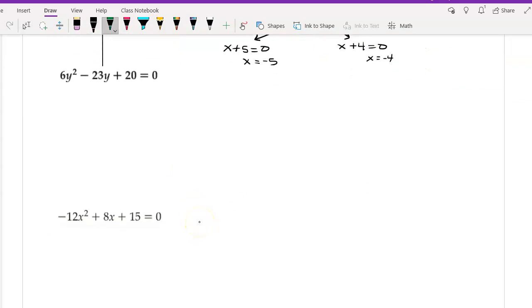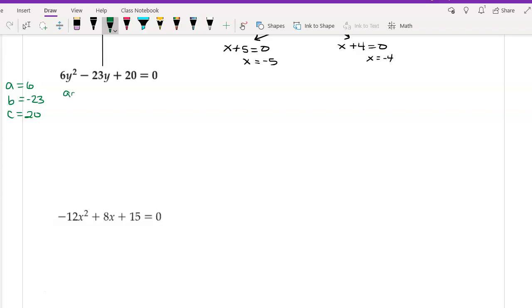First, check for a GCF. I don't have a GCF between 6, 23, and 20. 23 is a prime number. I don't have variables in each, so I can't pull out a variable. So here we have a equals 6, b equals negative 23, and c equals 20. Notice the second sign is positive, which means I'm only going to have negative factors.